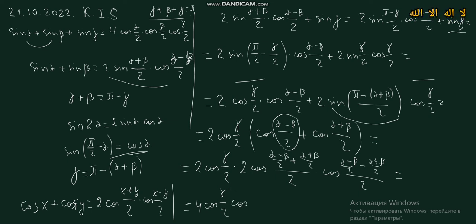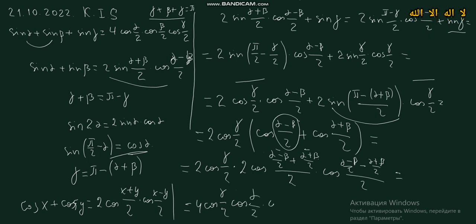Then we sum these two fractions in the numerator: minus beta and plus beta equals 0, so we have 2 alpha over 2, which is alpha over 2.